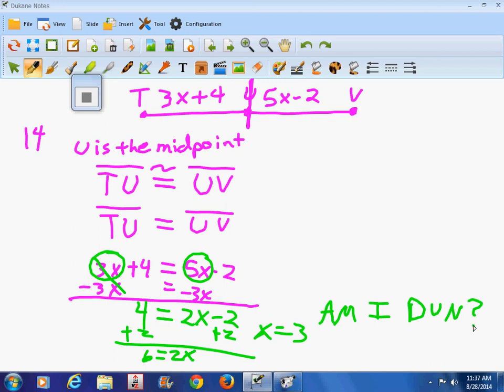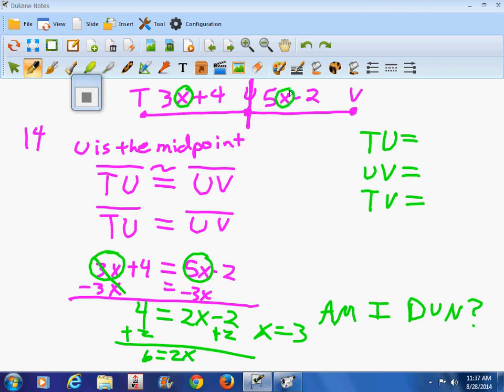So now what they have asked for is that they want us to find TU, UV, and then TV. So what's the first step I'm going to do when I find that x is 3? Plug 3 in for the x right here.